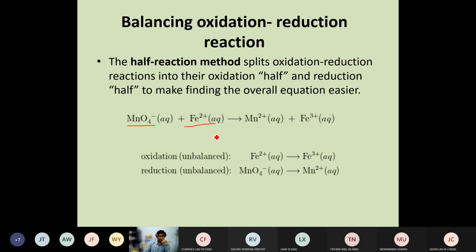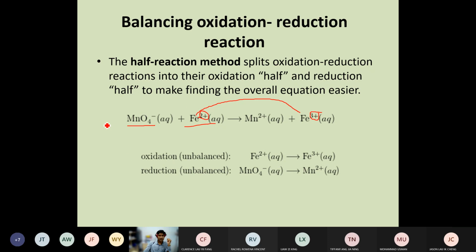And then this is the product of the reaction. So oxidation is where an electron is being donated, electron is liberated, oxidation is losing of electrons. Iron, we see from here to there, it was 2, it becomes 3. So the oxidation number is increasing, and that is why oxidation is happening for this iron.